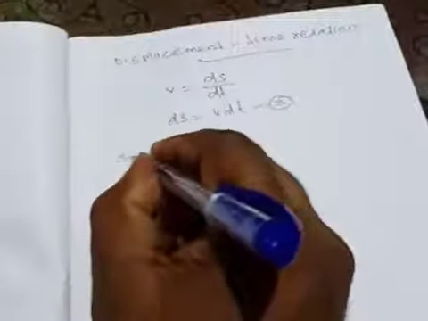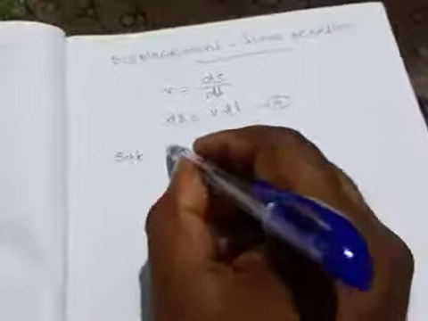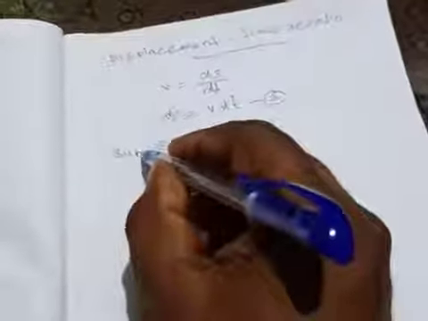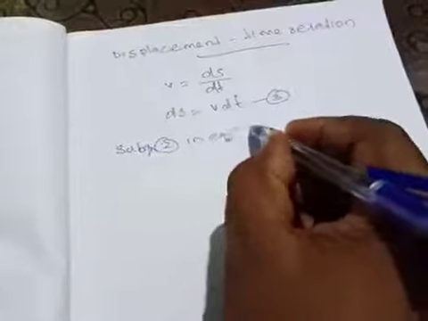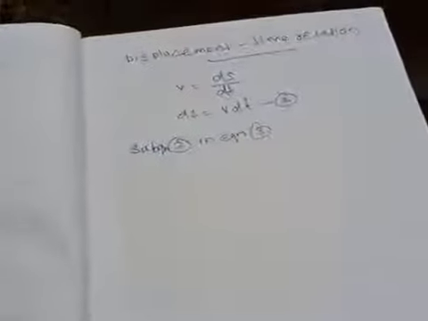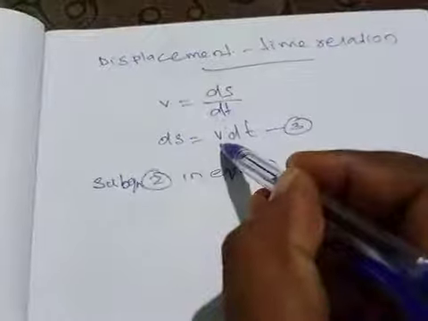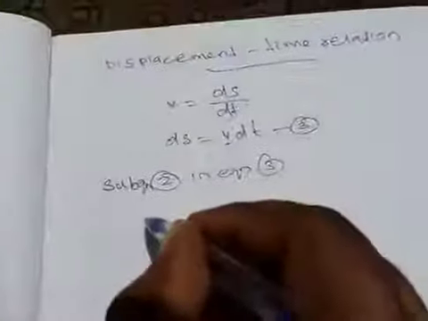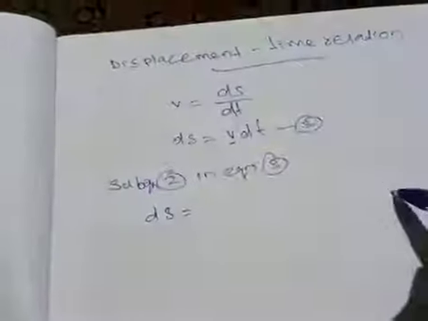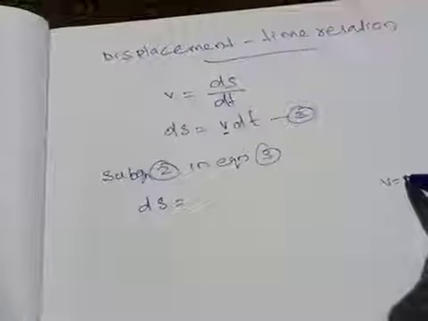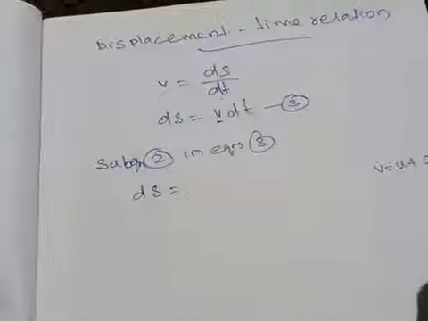Now substitute equation 2 in equation 3. What is equation 2? Equation 2 is v equal to u plus at. That equation 2 you substitute in terms of this v. So ds is equal to v, and from equation 2 v is equal to u plus at.